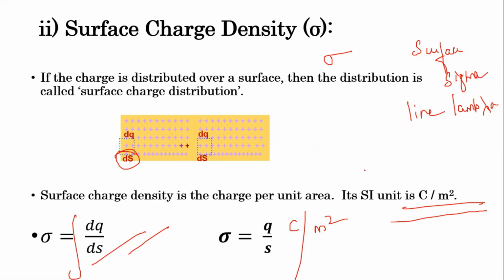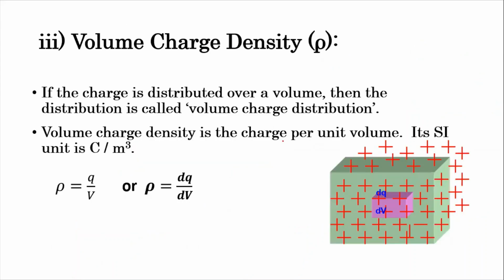Coming to the third one, it is volume charge density. It is denoted by rho. Don't confuse it with the specific resistivity. If the charge is distributed in a particular volume, we call the density volume charge density.